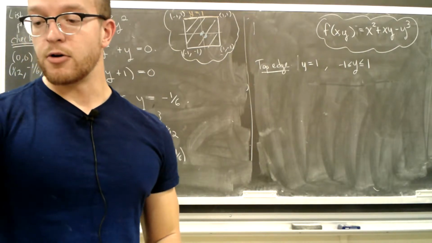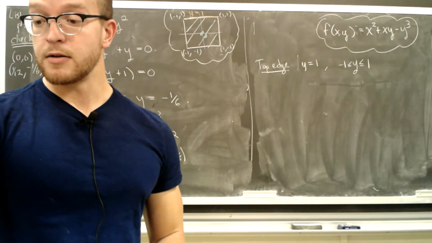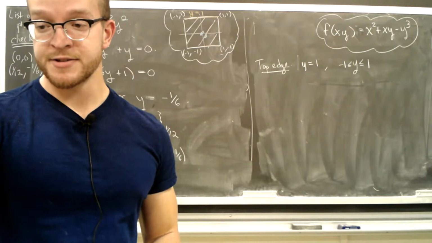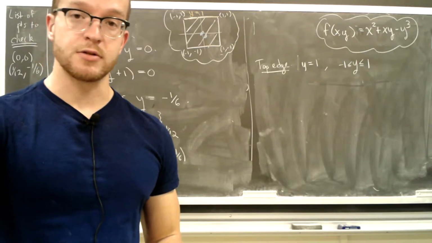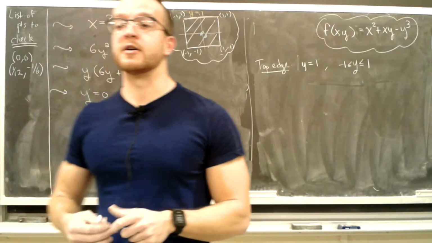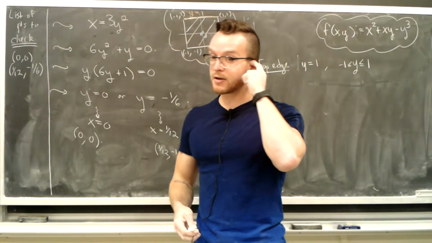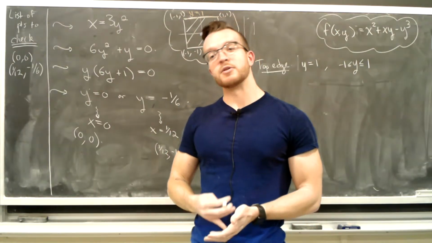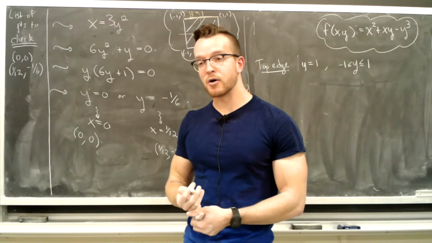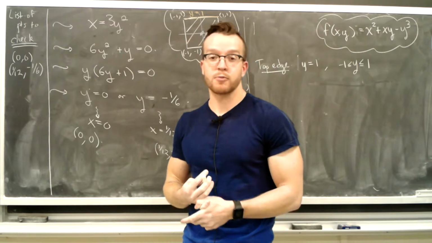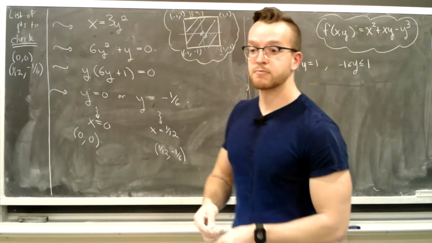If the domain was not restricted like that, it would not be a bounded region. So you could try to find a min and max, but it might not exist. There might be no minimum or maybe no maximum or neither.